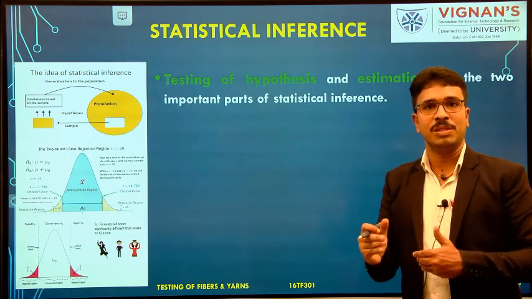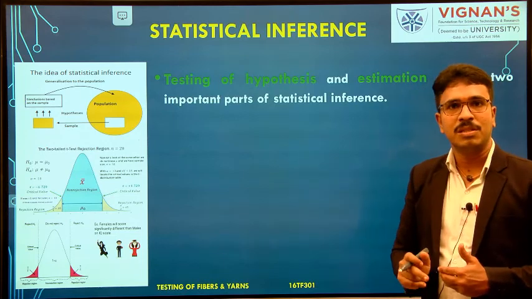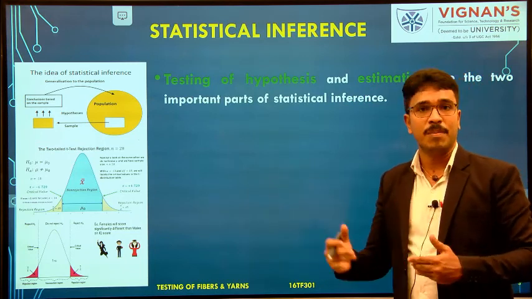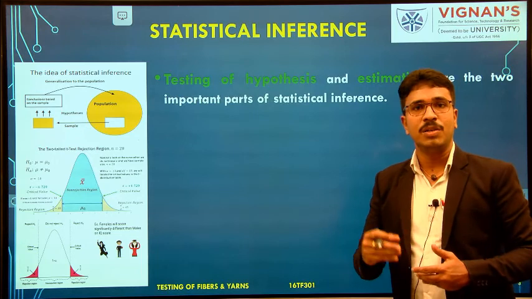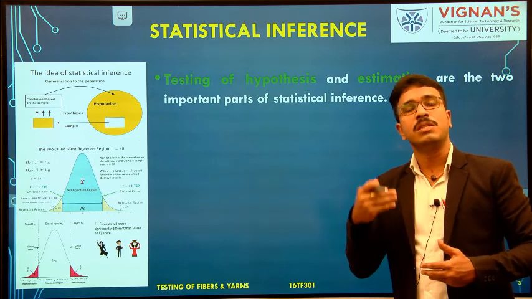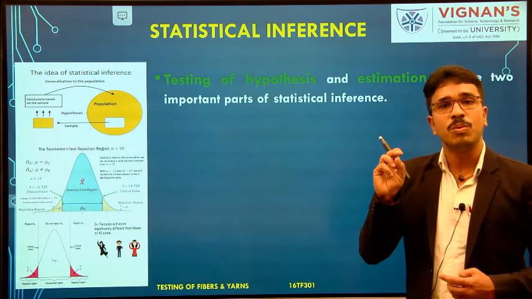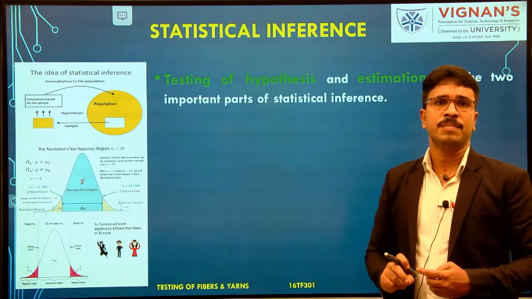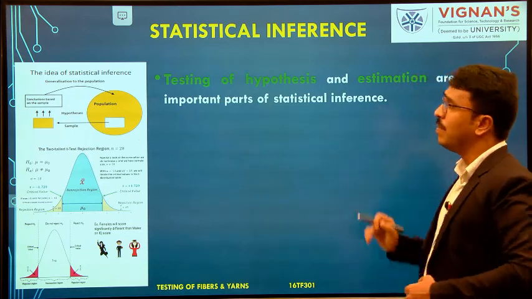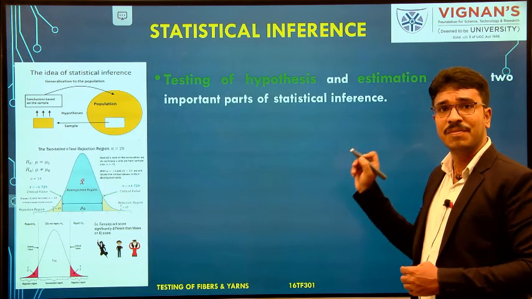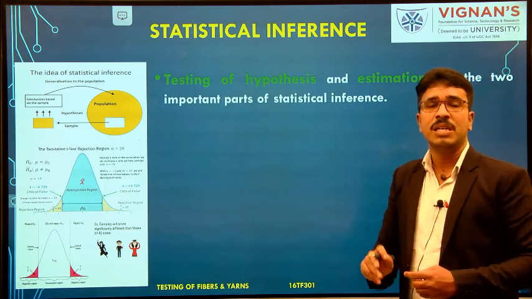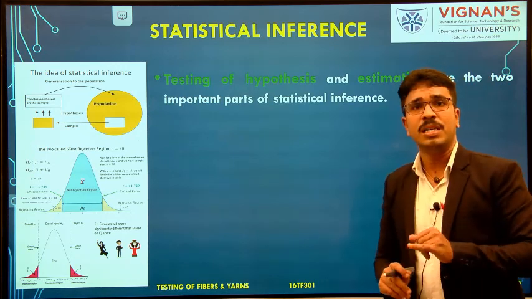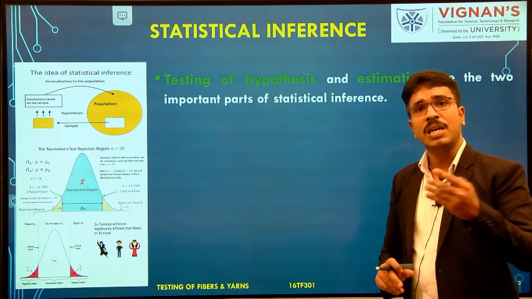So, in this process we are using statistical inference by doing the testing of hypothesis. Understand? Testing of hypothesis is one of the ways to tell about the population quality. In giving the statistical inference, generally there are two ways. One is estimation. Already we have discussed estimation in our earlier classes.